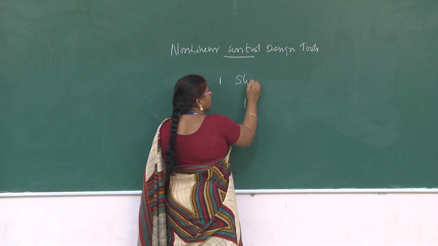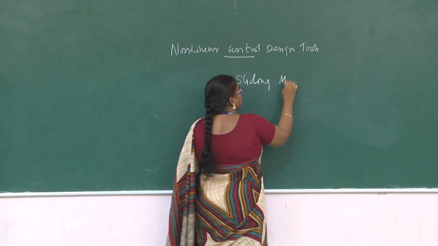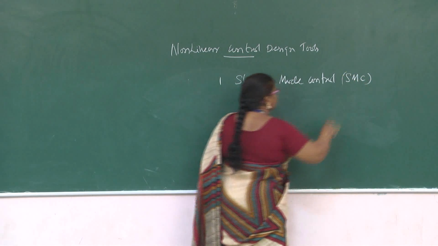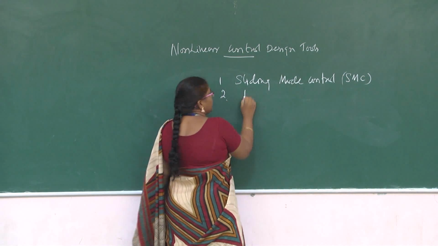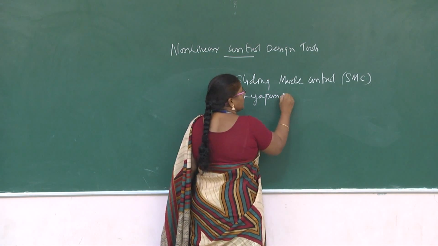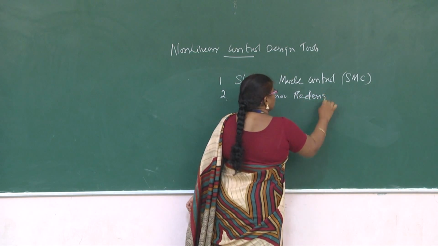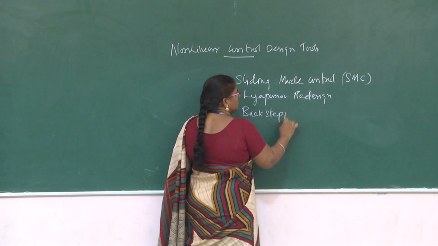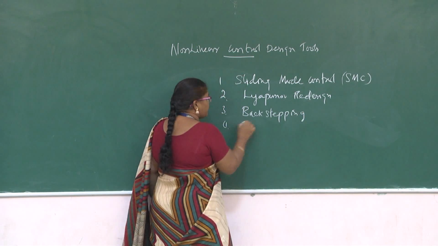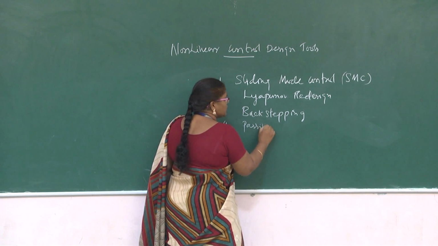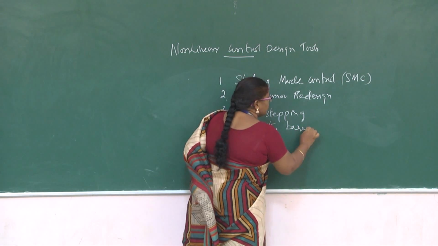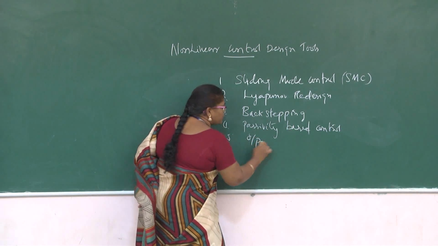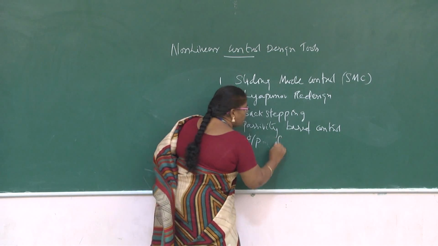They are sliding mode control, abbreviated as SMC, and then second one is Lyapunov redesign, and then third one is backstepping, and then fourth one is passivity based control, and then the last one is output feedback.